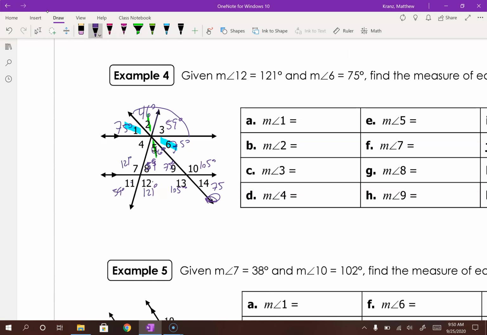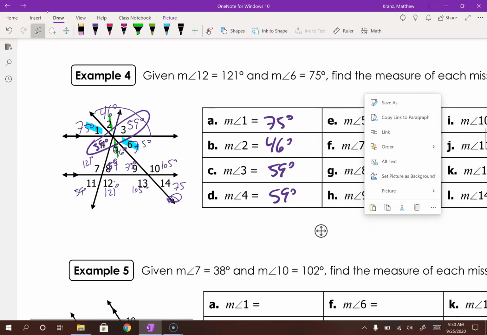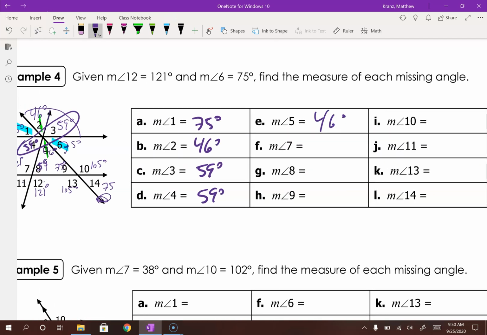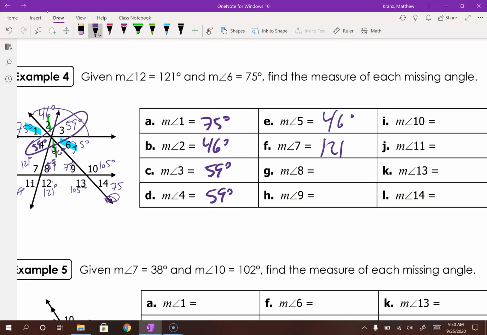Right, so now that I have that, I know that angle 1 is 75. Angle 2, 46. Angle 3, 59. Angle 4, that's also going to be 59 because these are vertical angles. Angle 5 is 46. Angle 7, 121.